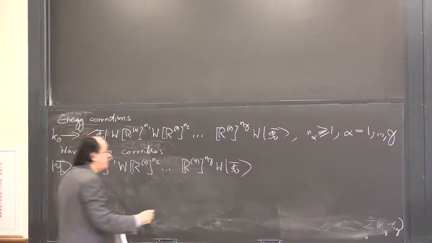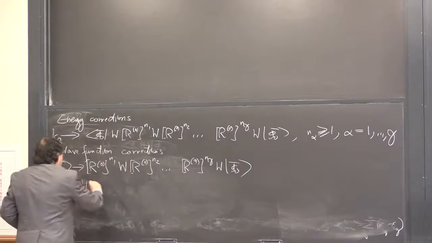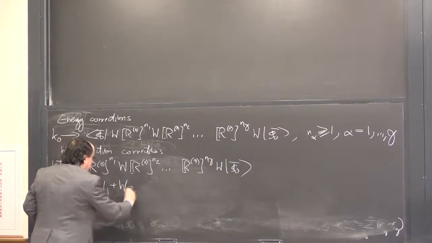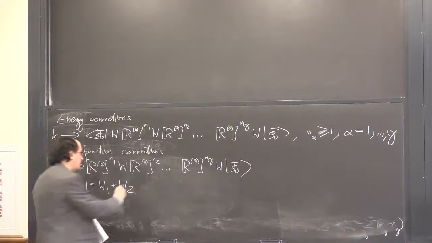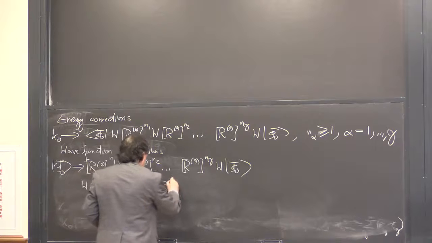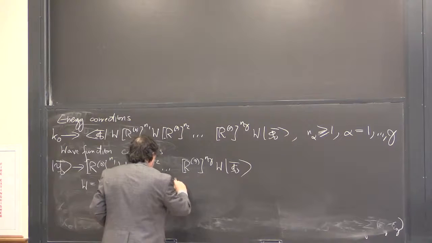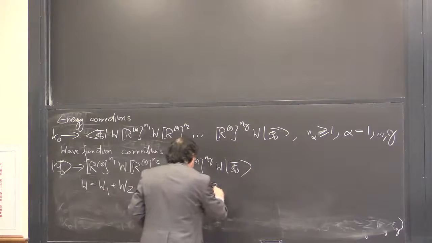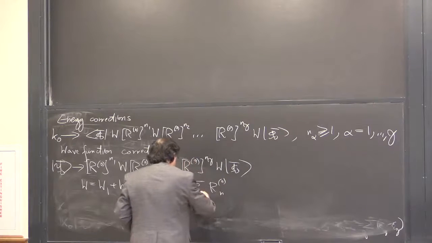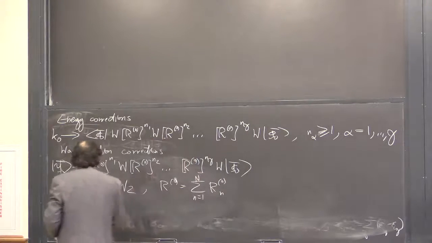We know that our W is the sum of one- and two-body parts, and we know that the resolvent is the many-body operator that contains various n-body components running from 1 to n. Those are the key objects.